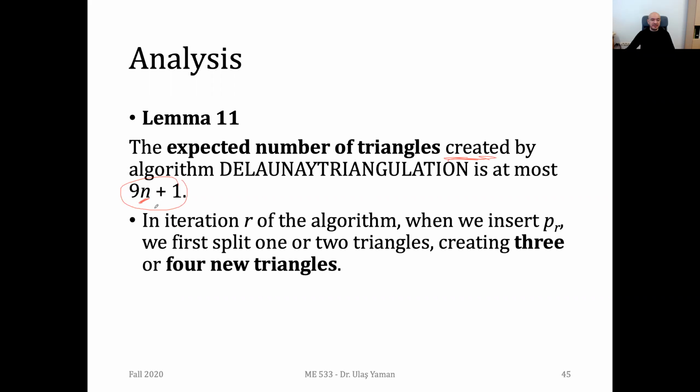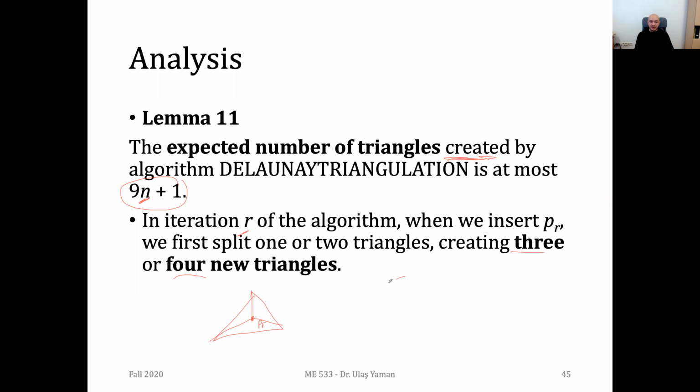So how we determine it, let's consider the details. Once you add a new point to your triangulation, you may split 1 or 2 triangles. So that means you are generating 3 or 4 new triangles. If your new point is here, you will be creating 3 new triangles.